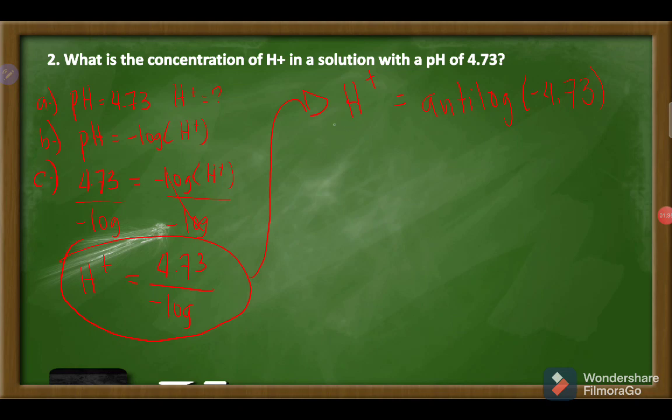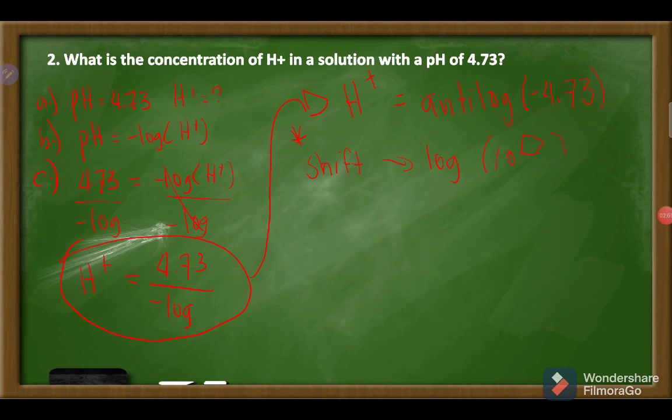So, first, in our calculator, we have shift. After pressing shift, press log. Now, the screen on your calculator will show this value, 10, and then there's a box here.